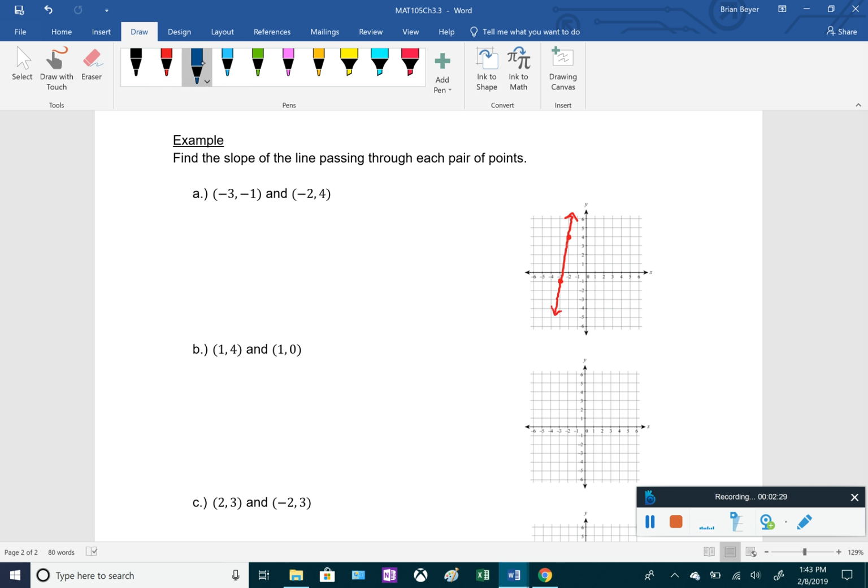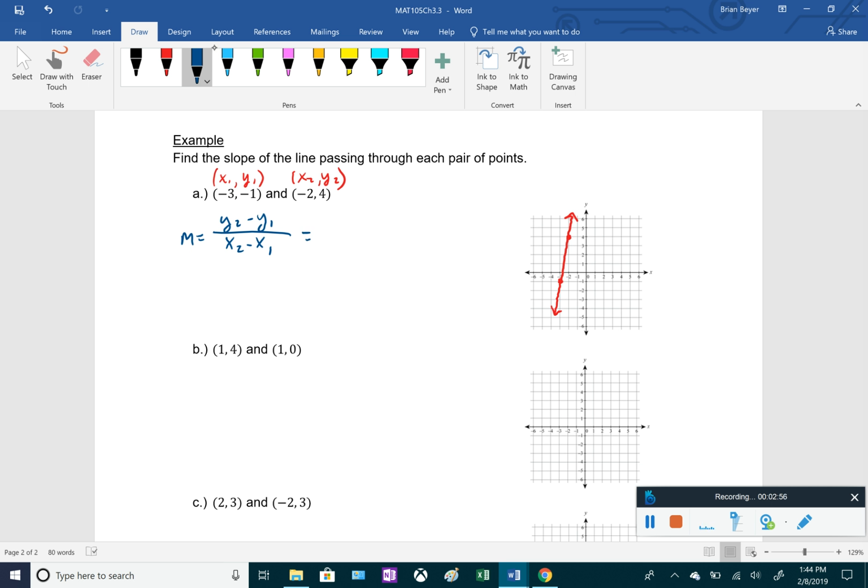The slope formula is y2 minus y1 over x2 minus x1. We get to decide which point is x1, y1 and which one is x2, y2. So let's make this one x1, y1, and we'll make the other one x2, y2. And then once we have that, we're just going to plug in.